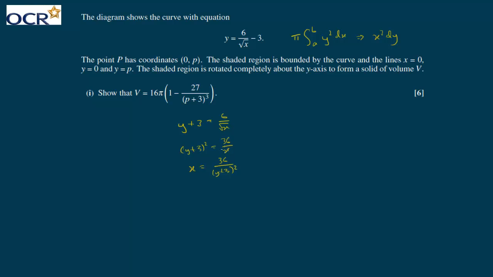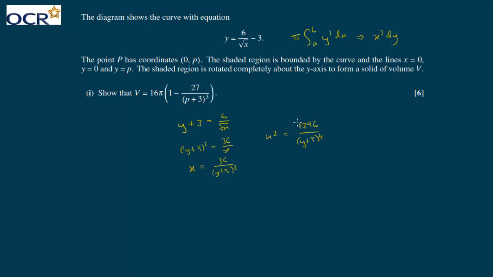Okay, so we've got that part now. We need to square the whole part before we can integrate it. Okay, so x squared is equal to 36 squared, which is 1296, on y plus 3 squared squared, which is y plus 3 to the power of 4.